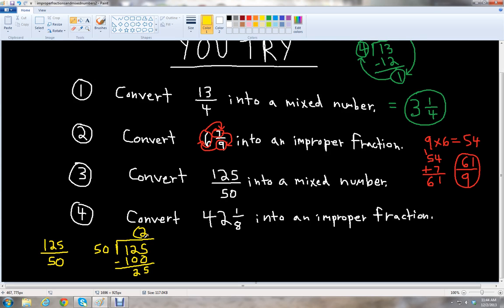And then remember, we go around the clock, starting at the 2, down to remainder 25, up to 50. So this will be equal to 2 and 25 over 50. Now the 25 over 50 part can be reduced.